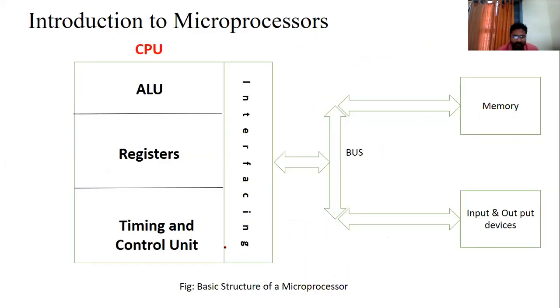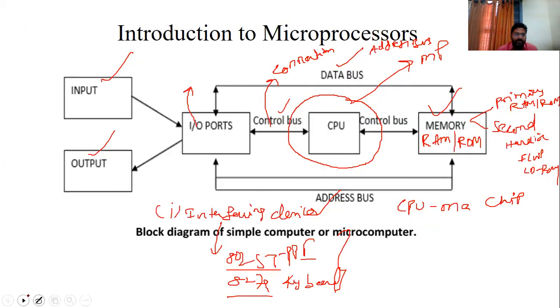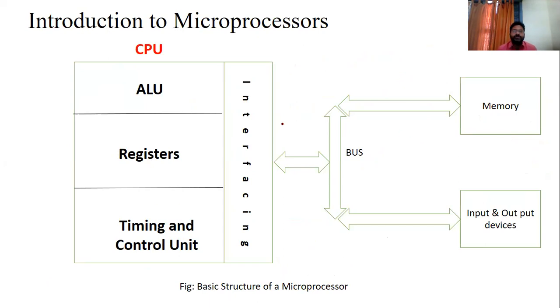I modified this entire structure like this, and you can see it very well. This is the CPU, the central processing unit, containing the ALU. It performs arithmetic operations: addition, subtraction, multiplication and division.